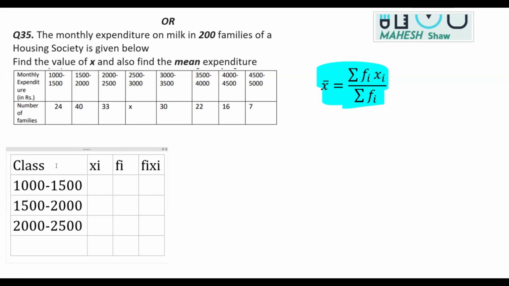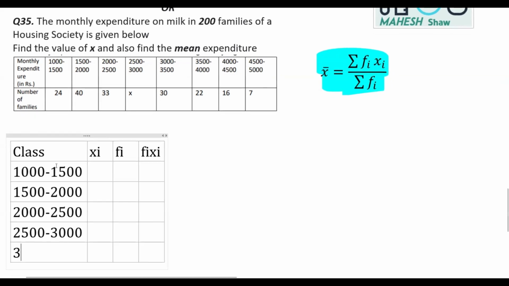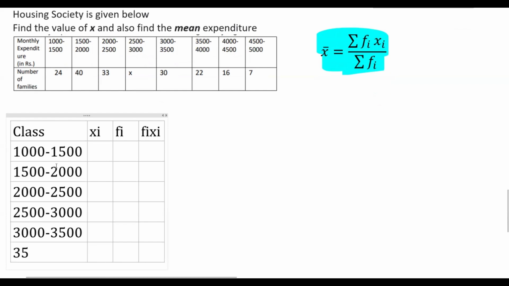Third is 2500 to 3000. From 3000 to 3500. We'll keep on going like that. 3500 to 4000.